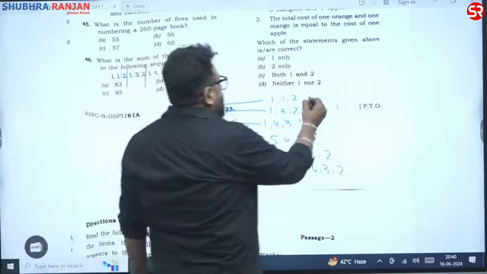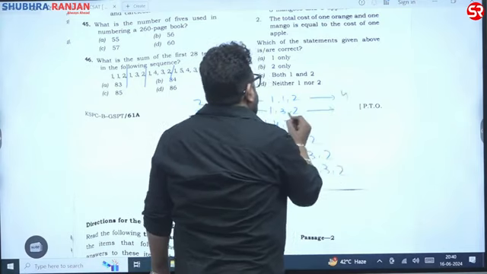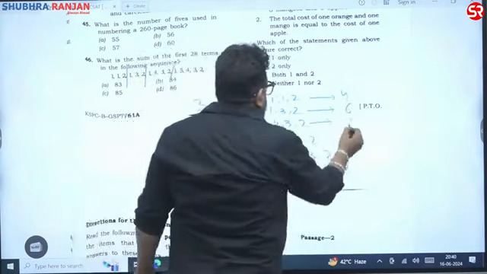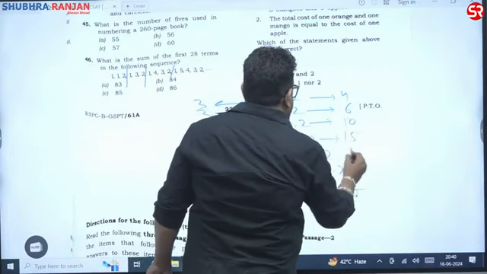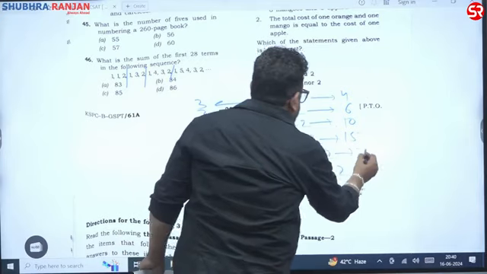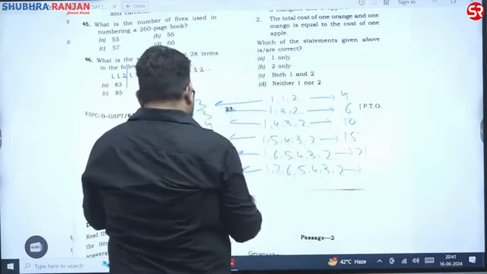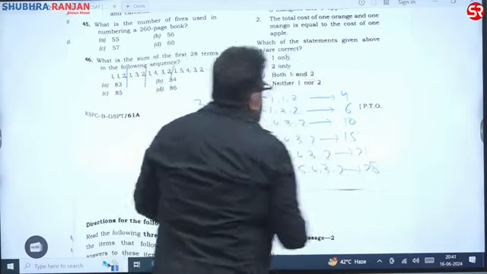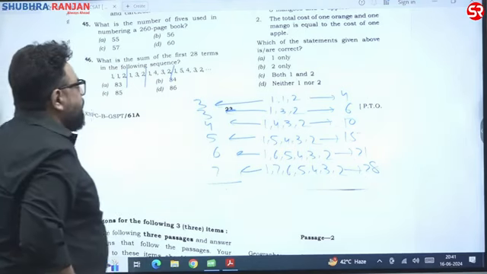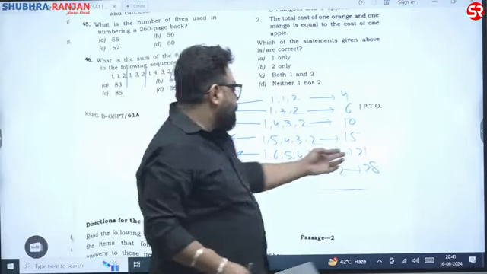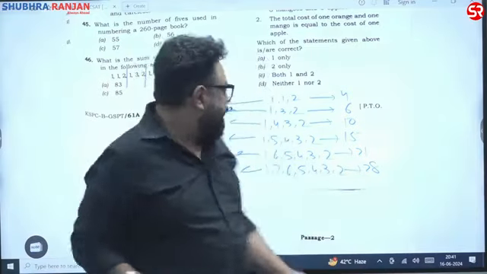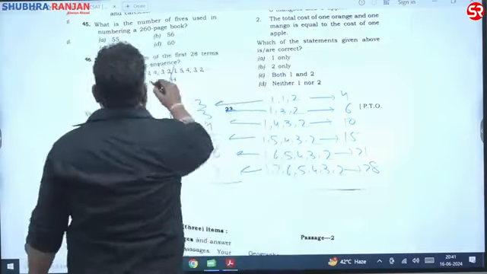Let's see the sum of this. Sum is 4. Over here sum is 6. With this sum comes out to be 10. Sum comes out to be 15. And then, sum comes out to be 21. And this comes out to be 28. So add: 4 plus 6 is 10, 10 plus 10 is 20, 20 plus 15 is 35, 35 plus 20 is 55, 55 plus 21 is 76, plus 28 is 84. 84 is your answer.